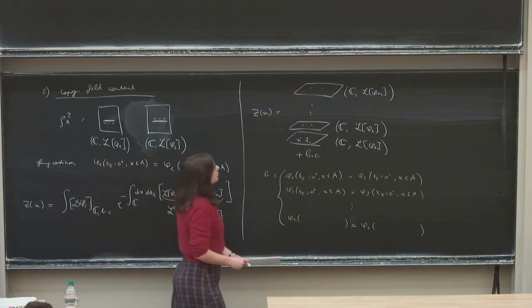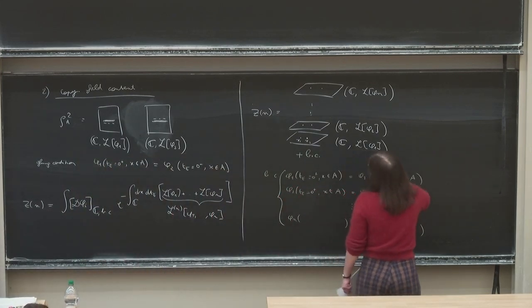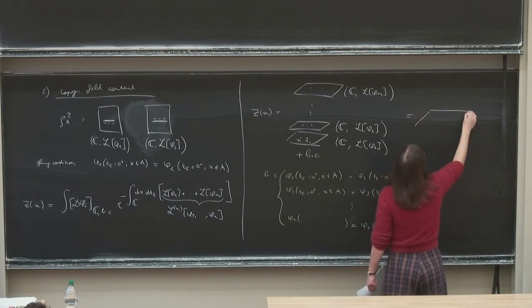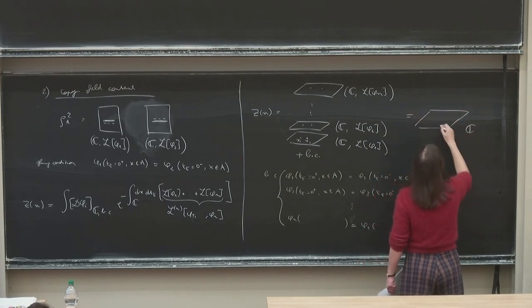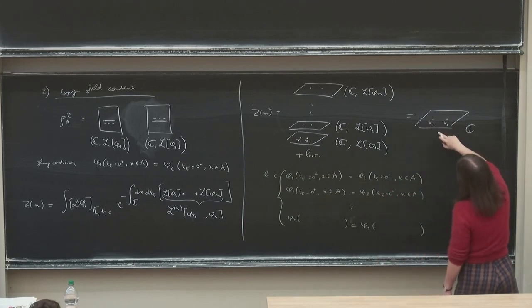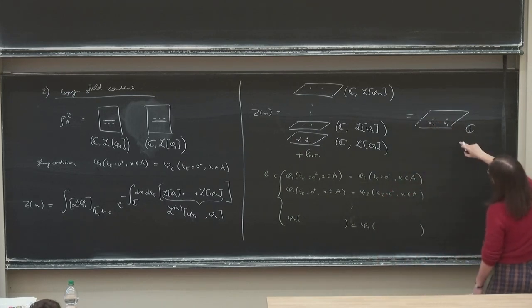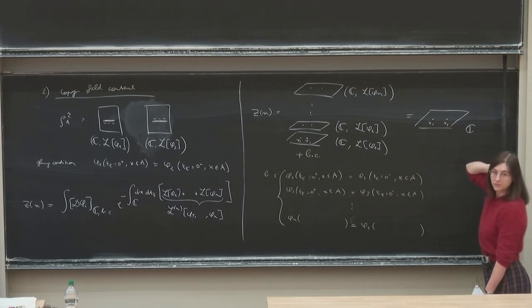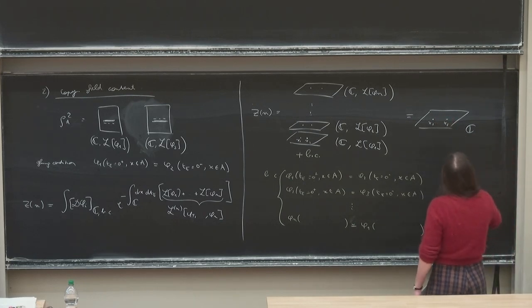That corresponds pictorially to not bothering to write n of these copies, but write the whole thing as one copy C. There's an x1 point and an x2 point. At the moment, they are just referring to a point in the geometry where A is.